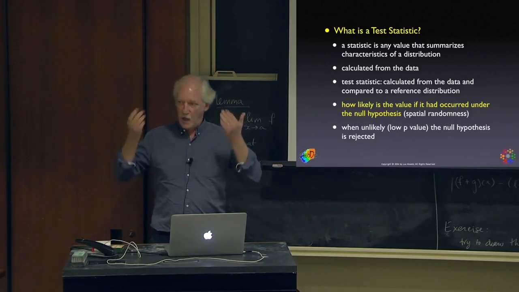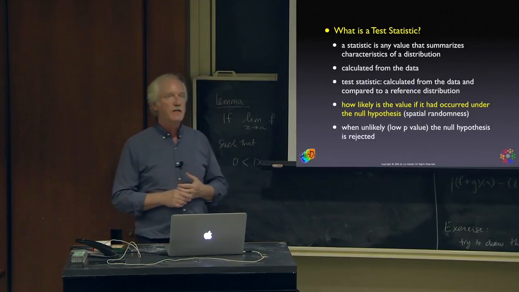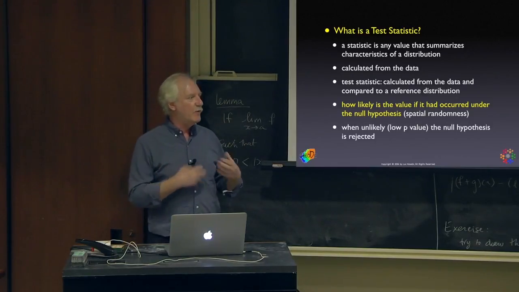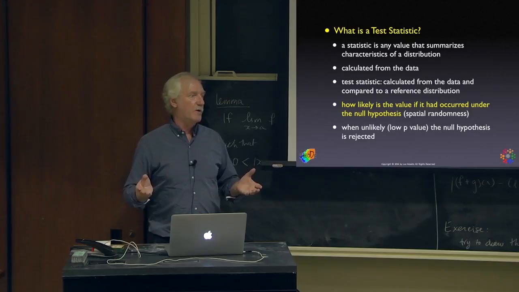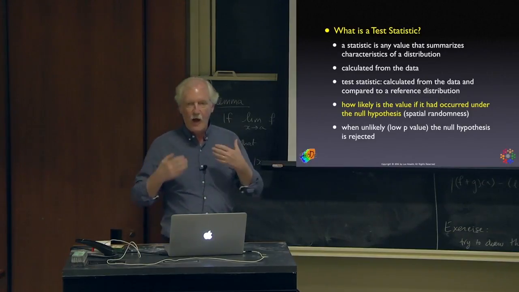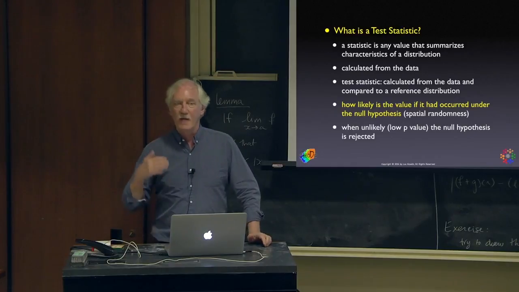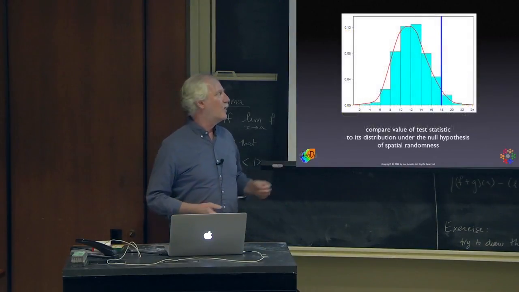And then, of course, the way we do statistical decision making is if the value that we compute from our data is highly unlikely, then we reject a null hypothesis. But the only way we can tell is if we know how that statistic behaves, in a sense, under the null hypothesis. Right? So this is just an artificial example.